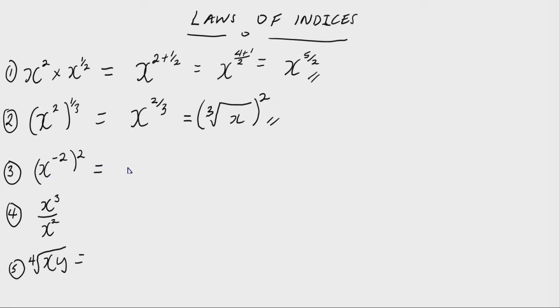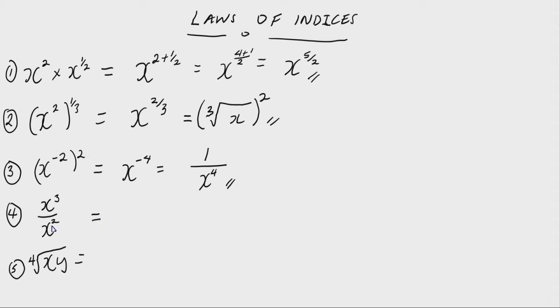And here, we know that we're going to be multiplying these two together. We're not adding because there's not another x to go from. So this is just going to be x to the negative 4, which would then be a reciprocal of x to the 4. So that's what you get there.